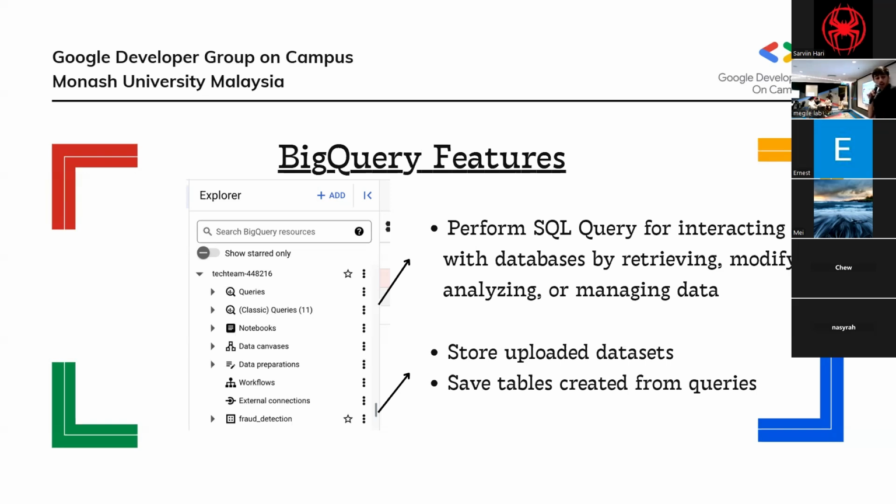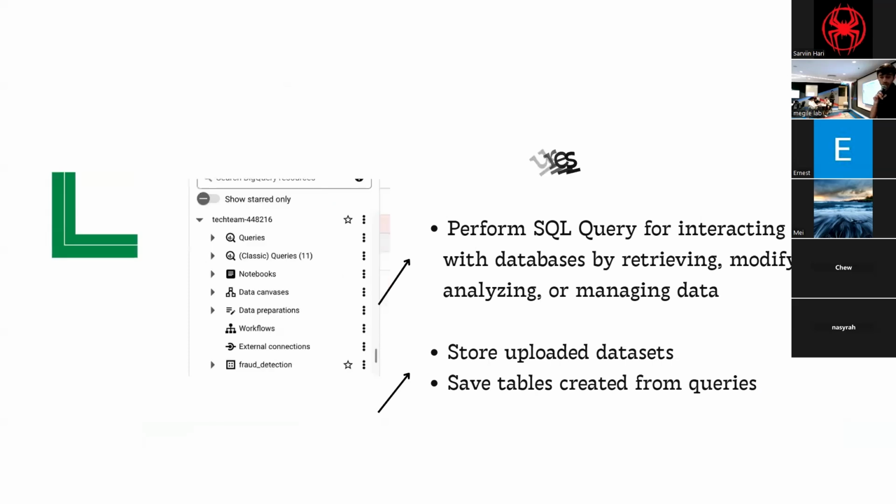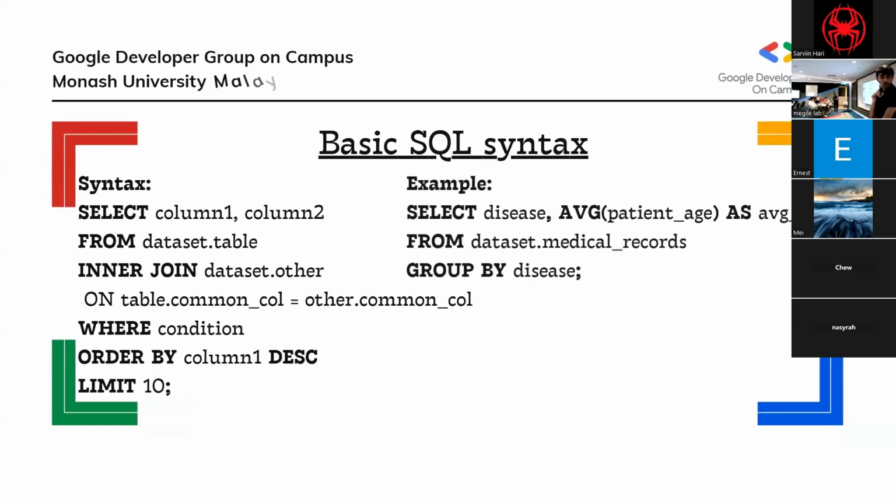Further on, you can store a loaded data set so you can use it later on as well, and you can save tables using one query. Also, if you run a query, you can easily save it into BigQuery and use it next time when you open BigQuery Sandbox. You could save the results into a CSV file, or you could share them into your Google Drive.